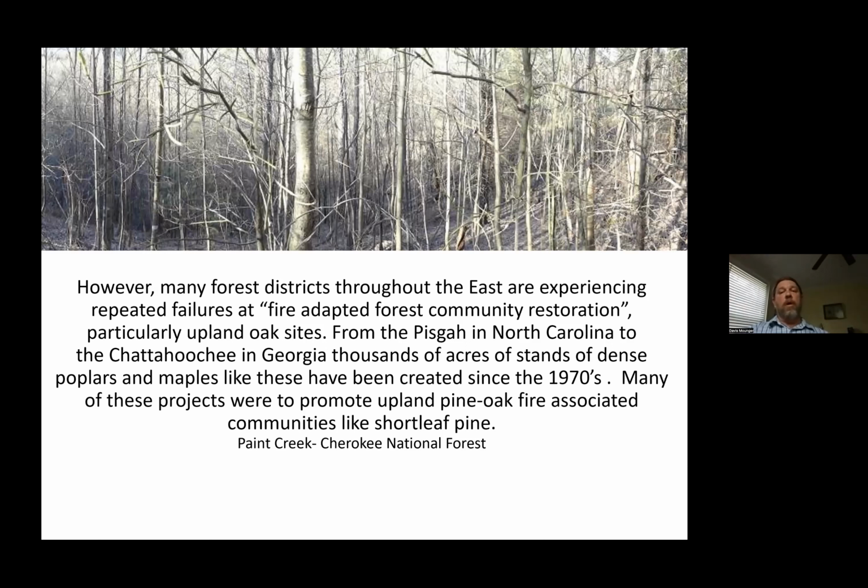You can go around the Pisgah, the Nantahala, the Cherokee, the Chattahoochee, all around the southern Appalachian forests, and these places where they have done various regeneration or restoration logging, you have dense stands of poplar.